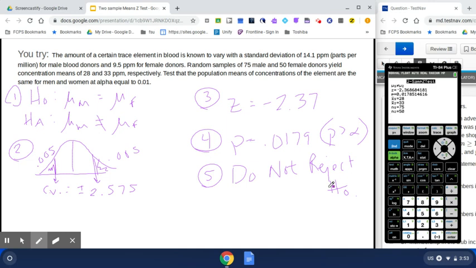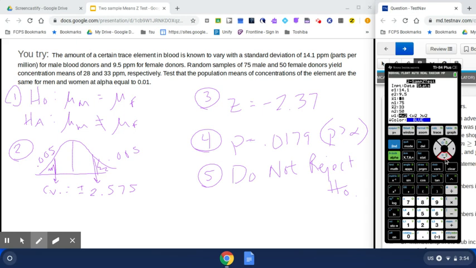Step number 3, I did go over to the calculator, stat over to tests, and select the two sample z-test. I'm going to click enter so you can see what I entered in here. So the standard deviations for the populations were given in that first sentence, 14.1 and 9.5.